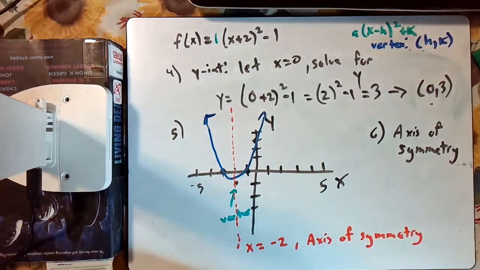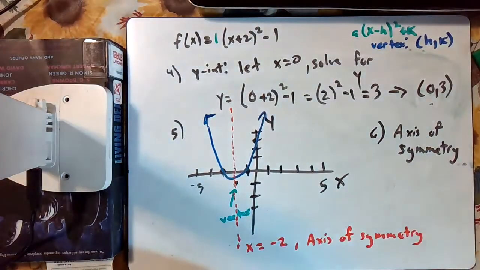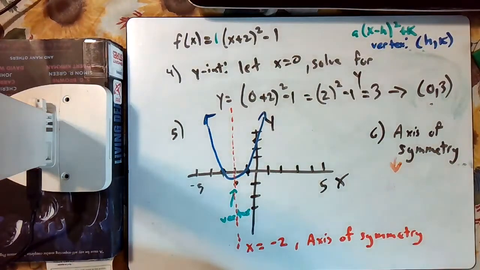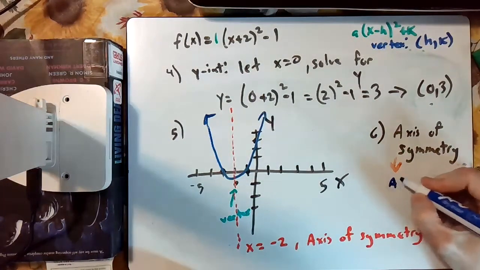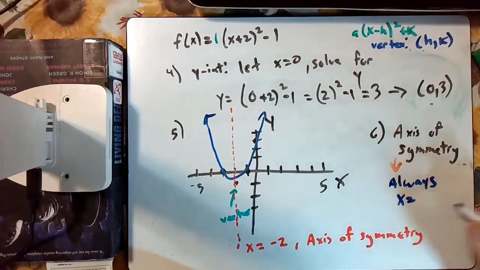Now, did I guess on this, or did I have to sit here and experiment to figure out the axis of symmetry? No. What's really nice about the axis of symmetry is that it's always x equals the x part of the vertex.